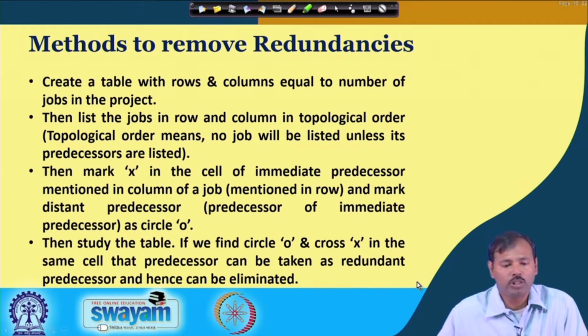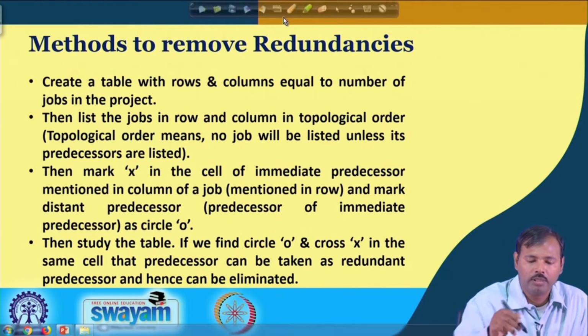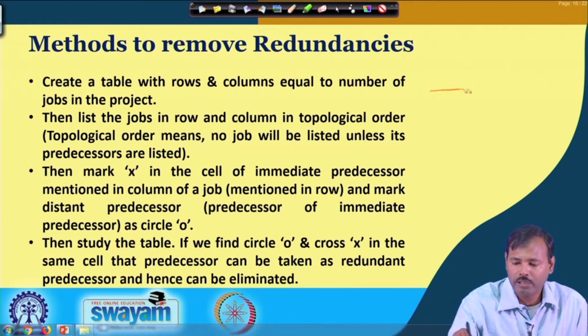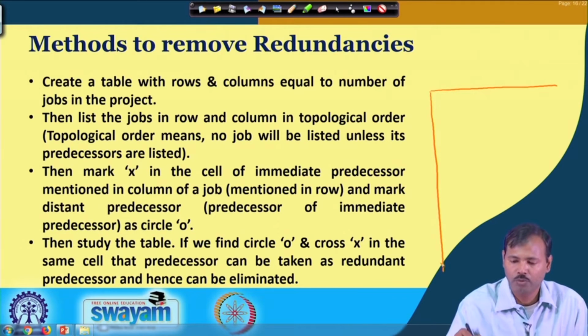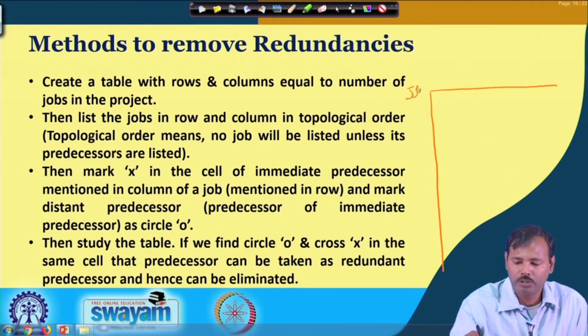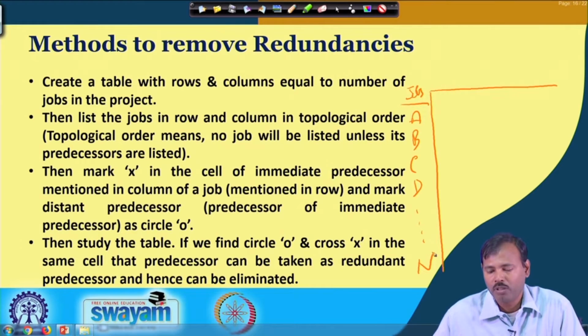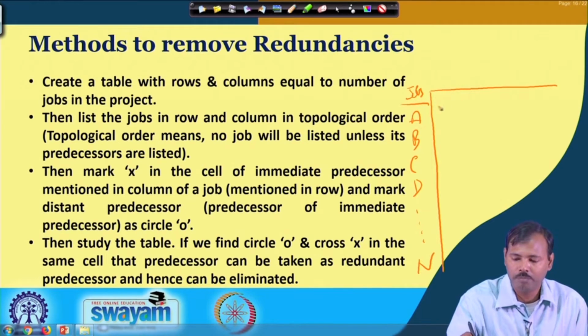So, now let us look into the method of removal of redundancies. To remove this redundancy, let us construct a table. The table will be prepared in this manner, where all the jobs are mentioned at this point, say A, B, C, D, up to N. Similarly, the dependencies are possible for all the jobs, so all the jobs are mentioned in the column on this side.